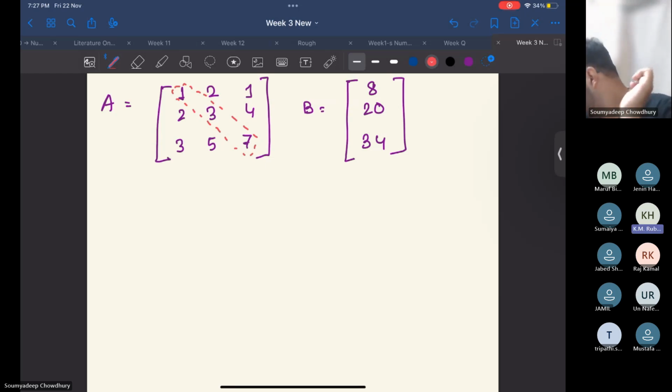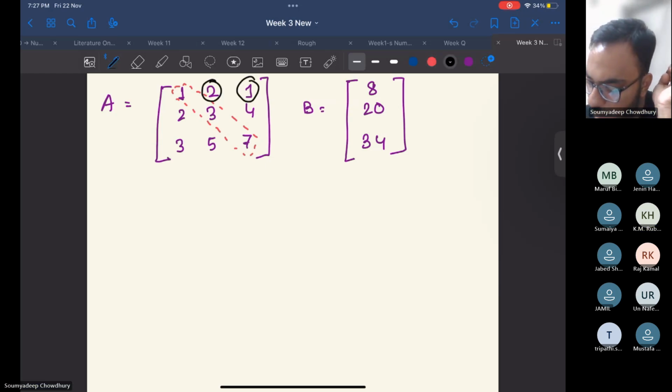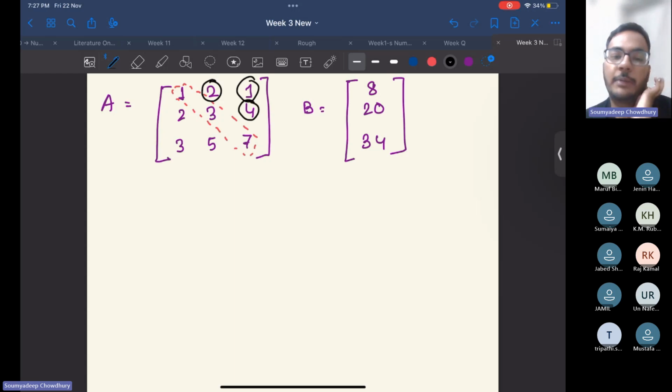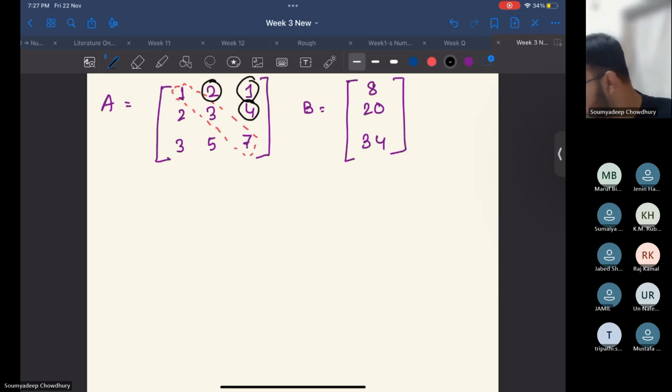So in row 1, the 2 and 1 will be 0, and in row 2 the 4 will be 0. Yes, correct. So these three circled elements should be 0, right? So how can we do that? Any idea? We can use the row operations, right?